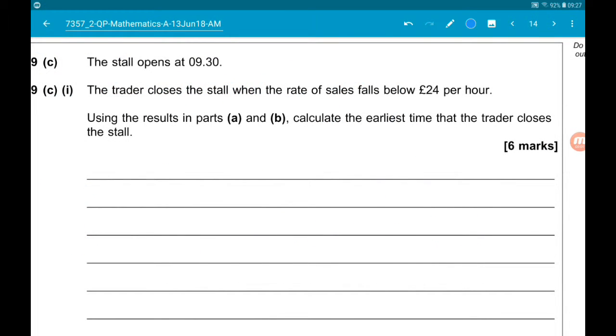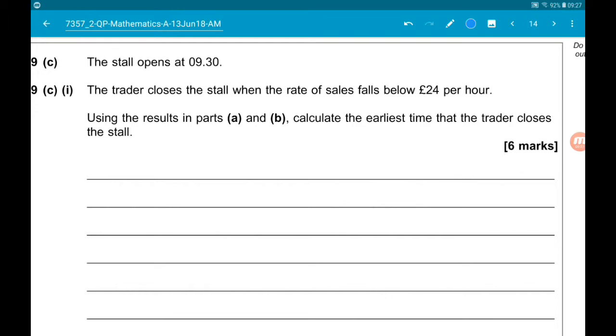Okay, part C, probably the trickiest of the lot. The stall opens at 9:30. The trader closes the stall when the rate of sales falls below £24 an hour. Using results from part A and B, we want to calculate the earliest time that the trader closes the stall.